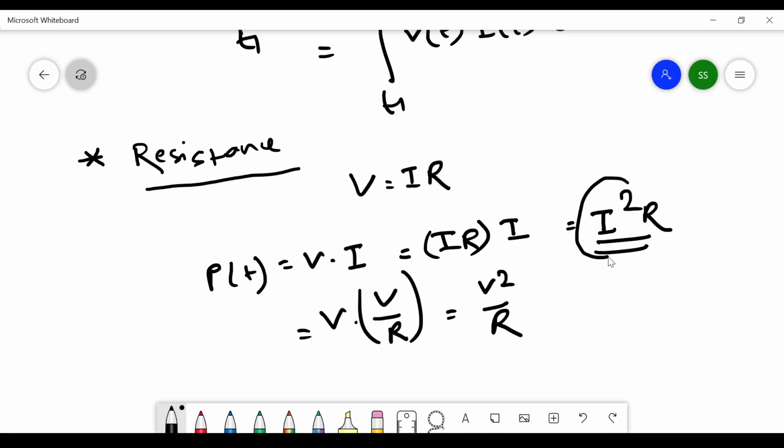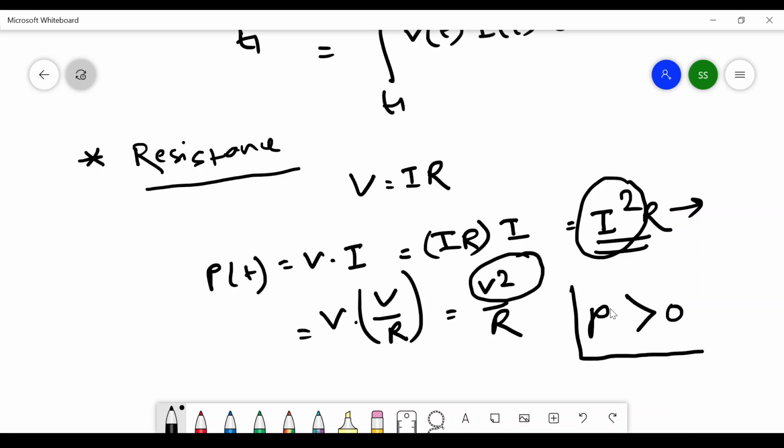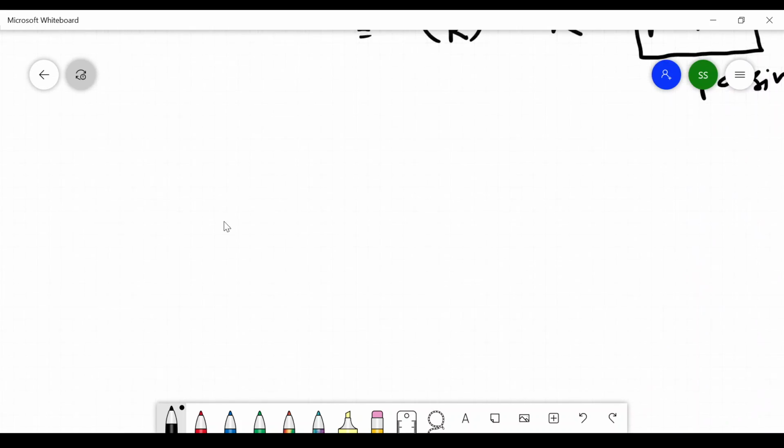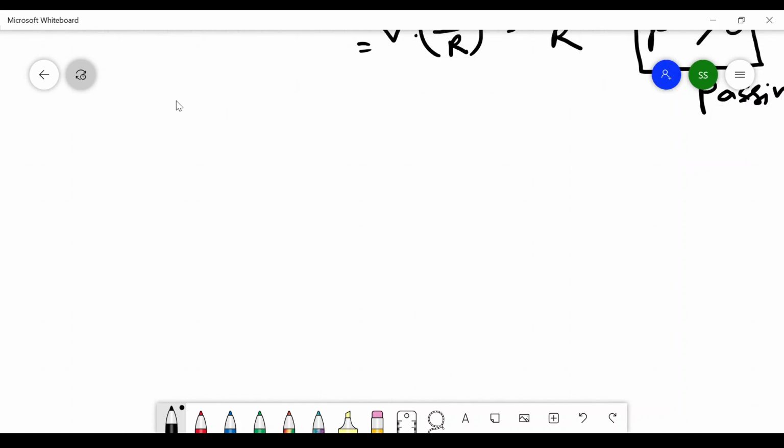Here, R is always positive, and because of this square term, this is always positive. So power is greater than 0, that is, resistance is always absorbing the power. That means resistance is a passive element. Okay, so we got that one. Now we have to find how the energy equation will be for the resistance. So for resistance, the energy is the integral from T1 to T2 of p(t) dt.